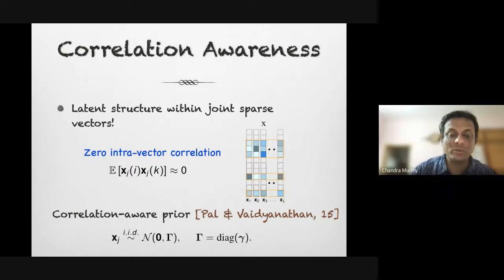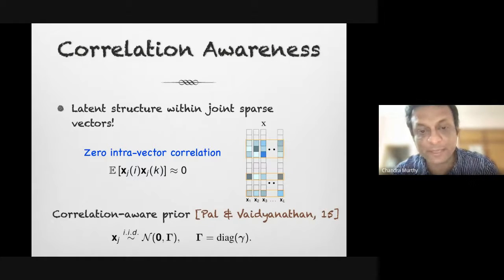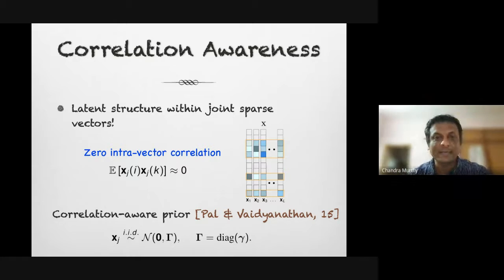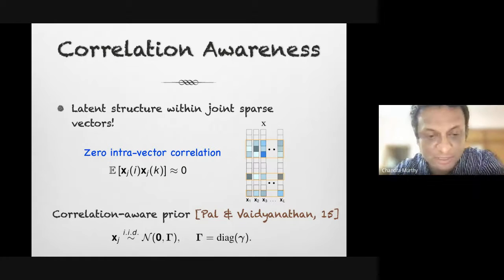And also the prior imposed by the sparse Bayesian learning prior, which is that each column of X, denoted by Xj here, is independent and identically distributed according to a Gaussian distribution with zero mean and covariance matrix capital gamma, where capital gamma is a diagonal matrix.